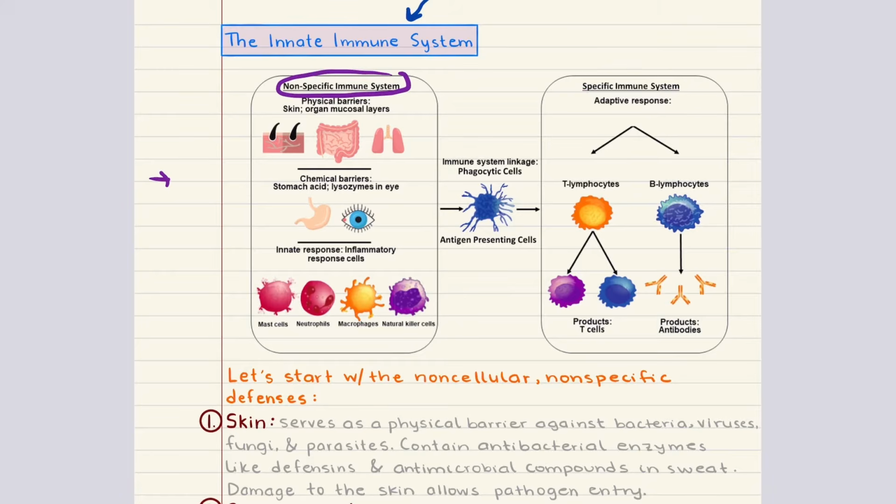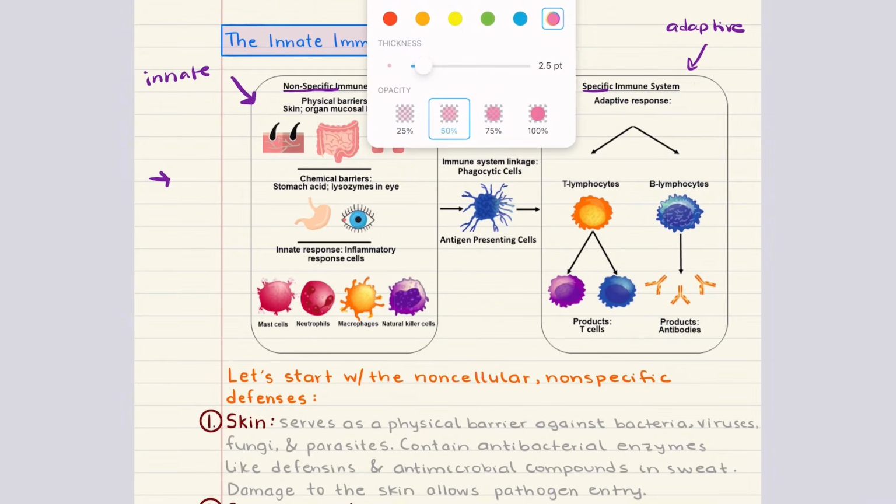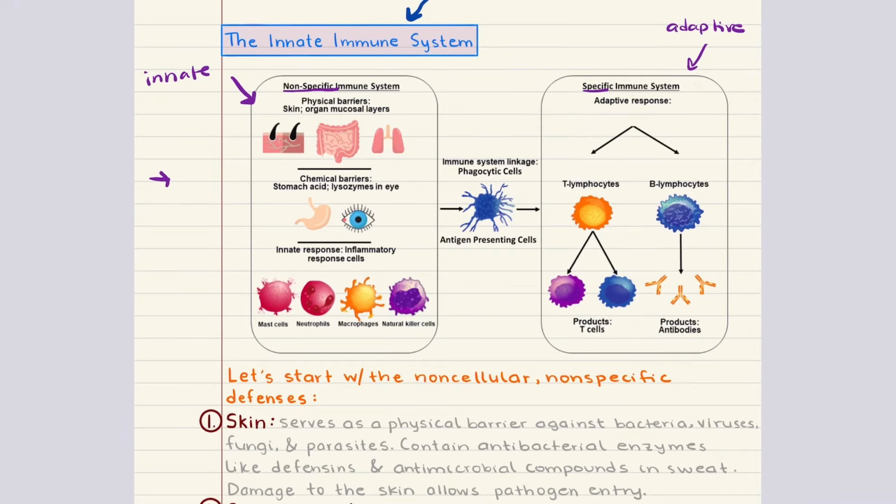On the left, you're going to see the components of the innate or the non-specific immune system, which we're going to cover now in this objective. And on the right, you'll see components of the adaptive or specific immune system, which we're going to discuss in Objective 3. The innate immune system is our body's first line of defense, and it includes non-cellular, non-specific barriers that work to keep pathogens out before they can establish an infection.